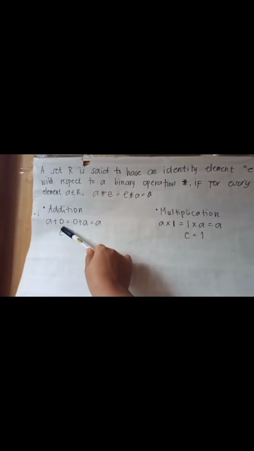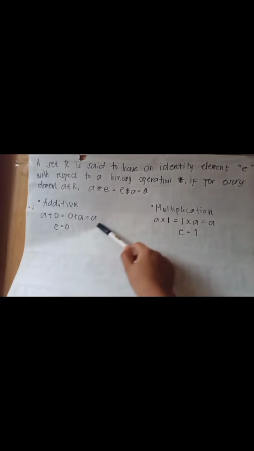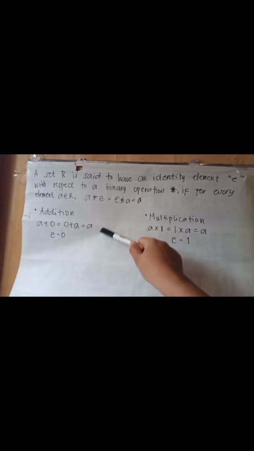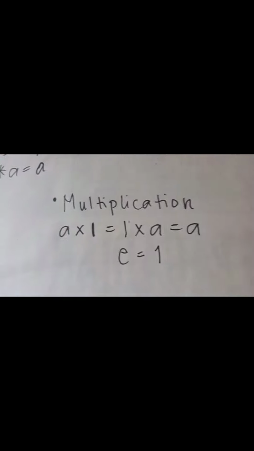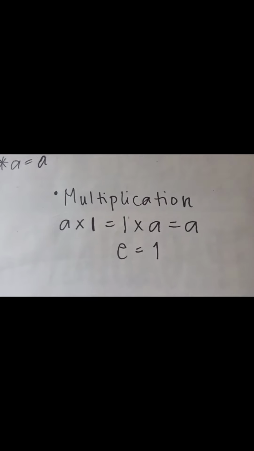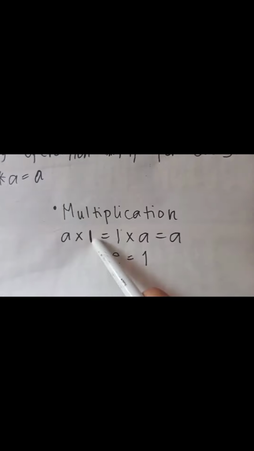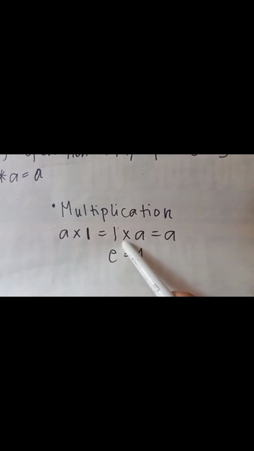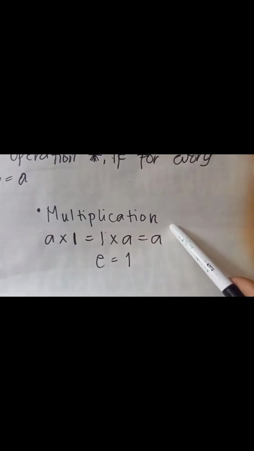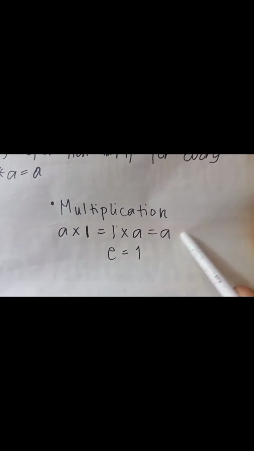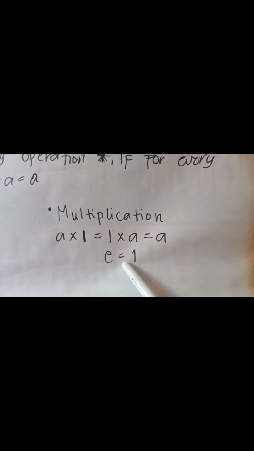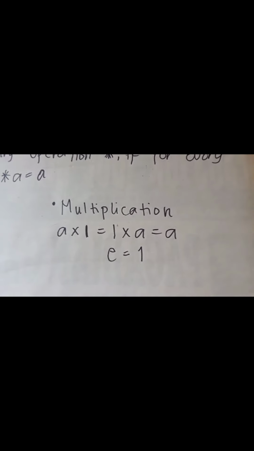So nothing changed about the result. For multiplication, A times 1 equals 1 times A equals A. So as we observe, nothing changed about the result. So our identity element here is 1.